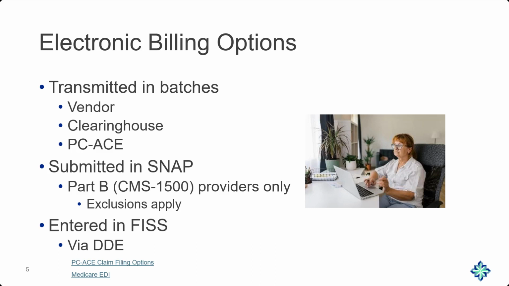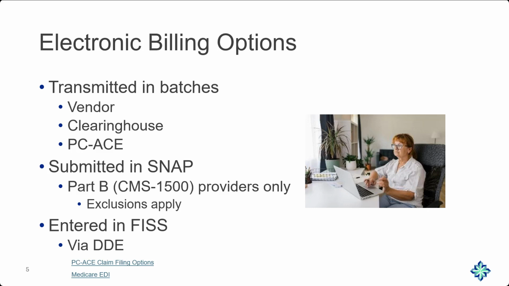So we're still talking about different electronic billing options here on this slide. And some of you may also do billing for professional fees. Some claims can be electronically submitted into the secure side of our website or our provider portal. So you see that second bullet here, submitted in SNAP.